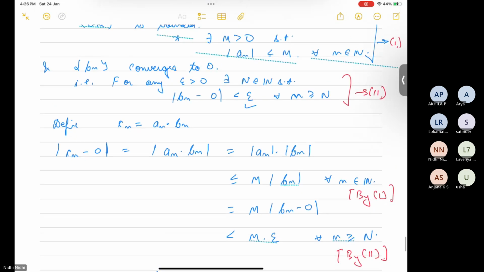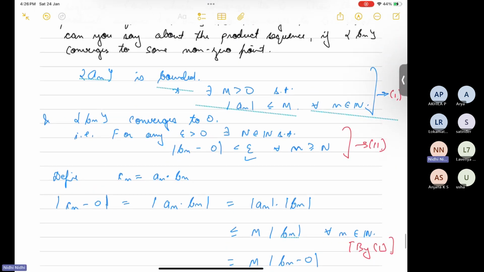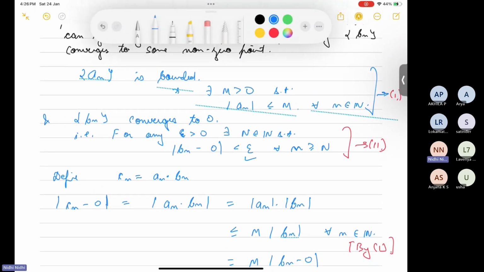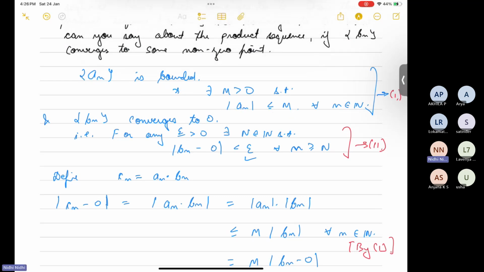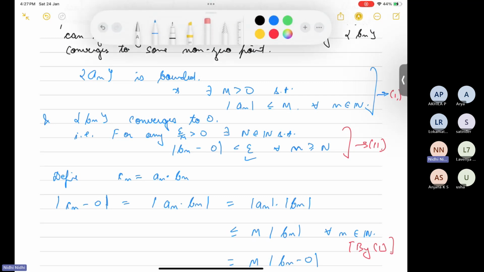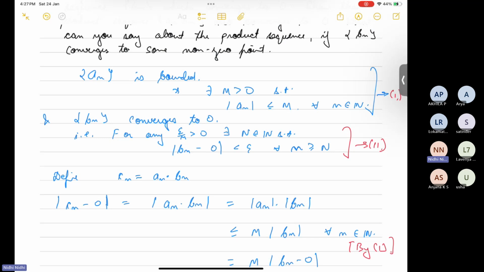Now, since this epsilon was arbitrary, I can replace epsilon by epsilon by m. You'll see why I took this. Epsilon is a positive number, so epsilon by m is also a positive number. I say that instead of epsilon, I will take epsilon by m. That's my wish, I wanted to do it this way.